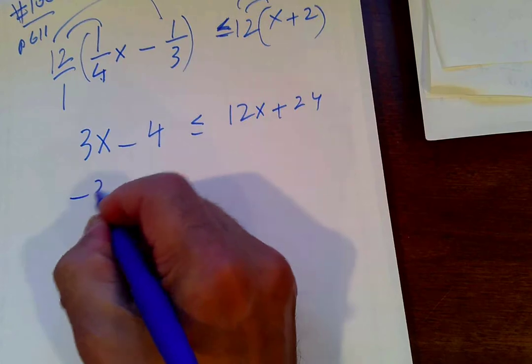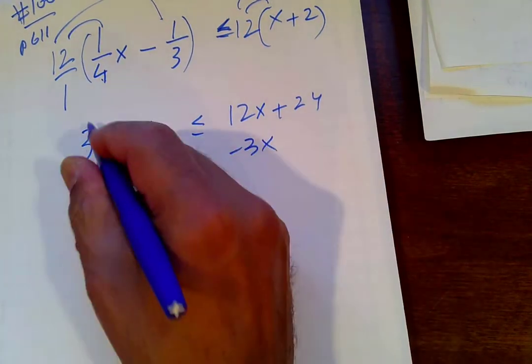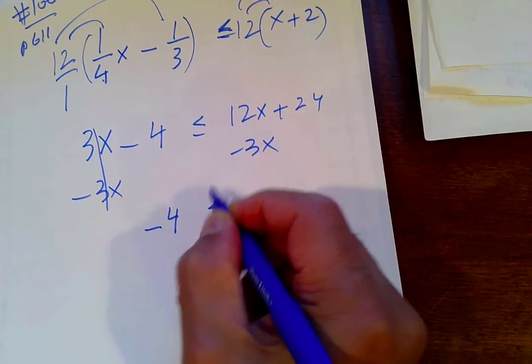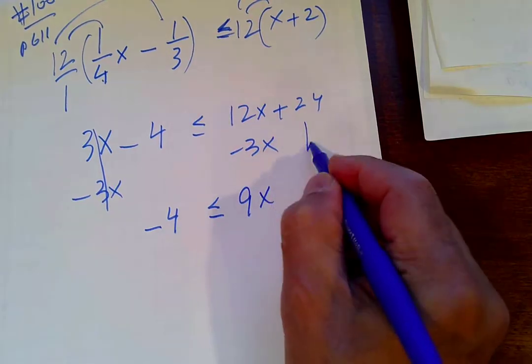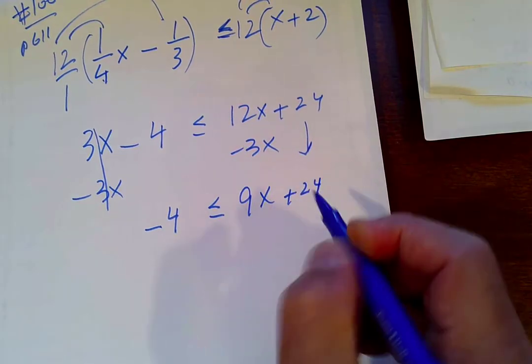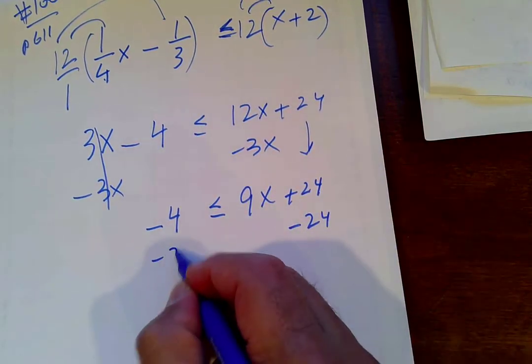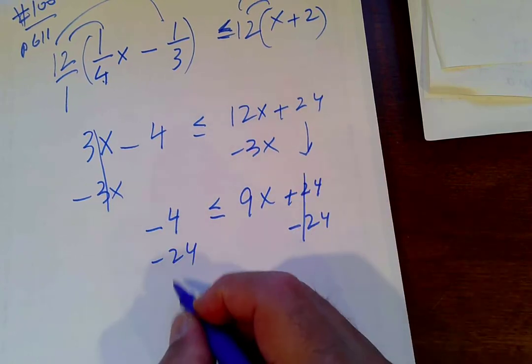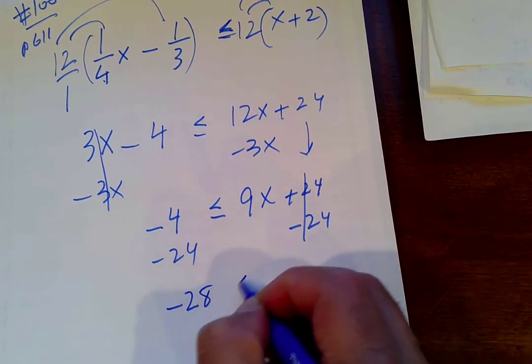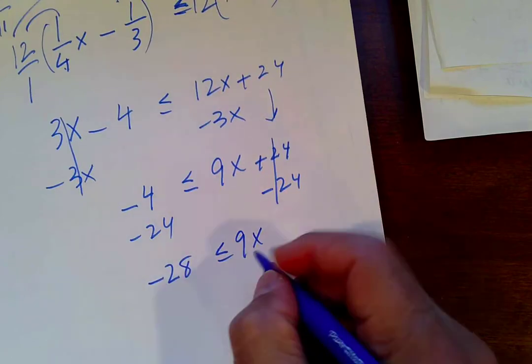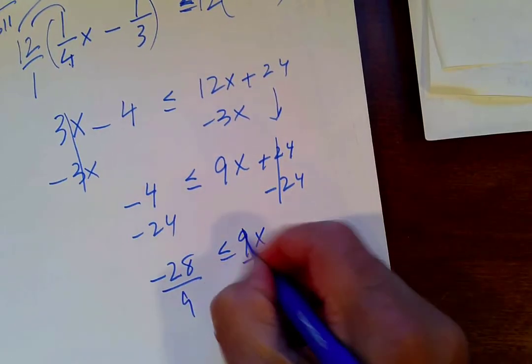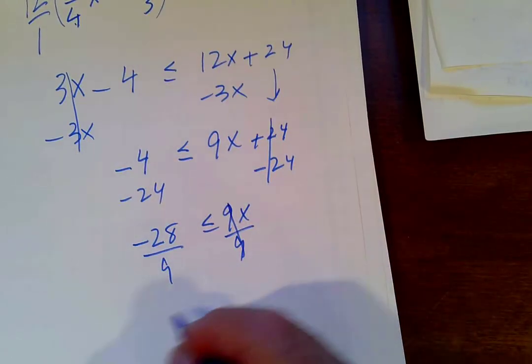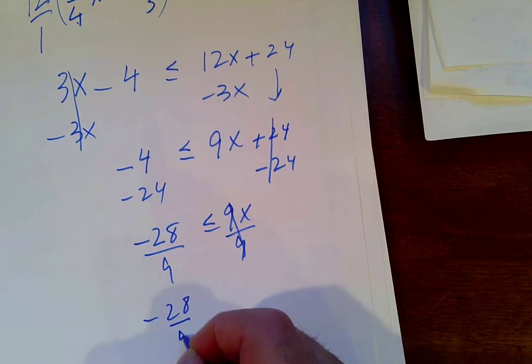We want to subtract the 3x. So we get negative 4 is less or equal to 9x plus 24. Subtract the 24. Negative 4 minus 24 is negative 28. And then divide by 9, and no flipping because we're dividing by positive 9.